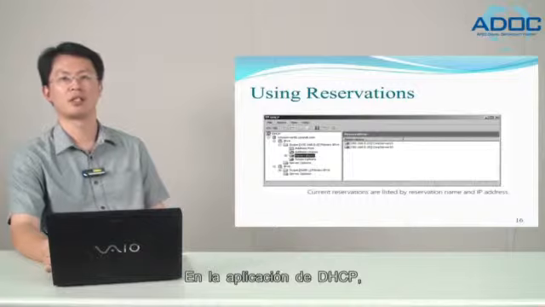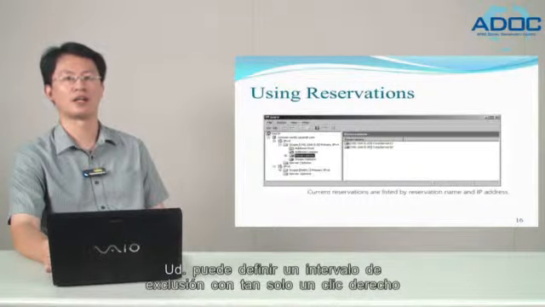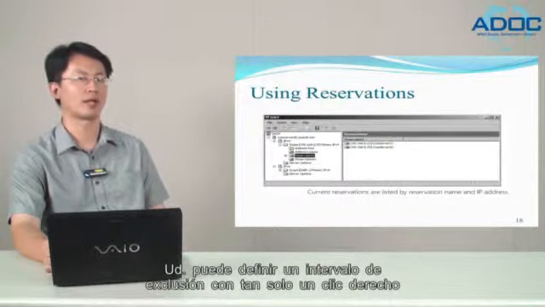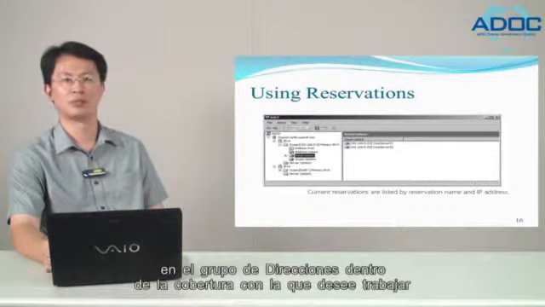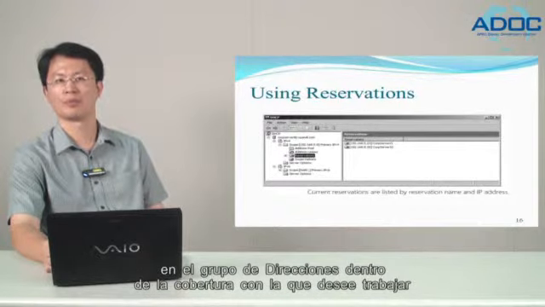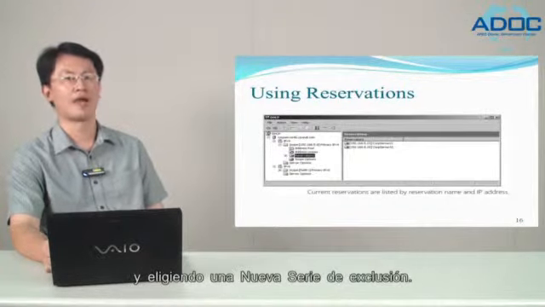In the DHCP console, you can define the exclusion range by right-clicking address pools within the scope you want to work with and choosing New Exclusion Range.